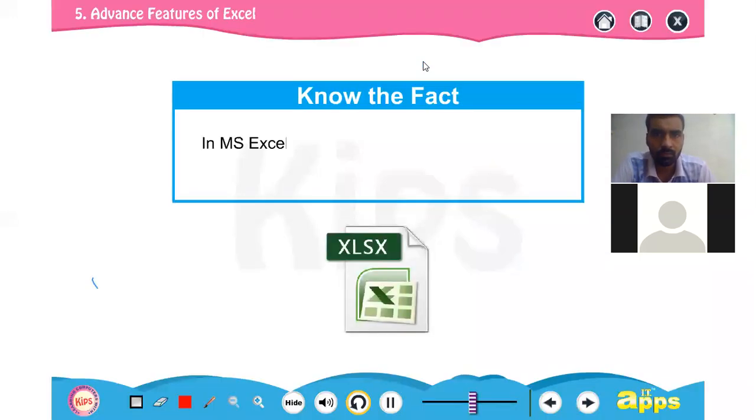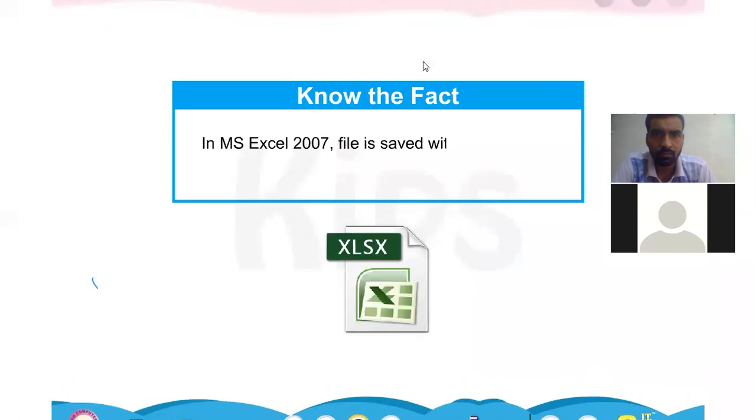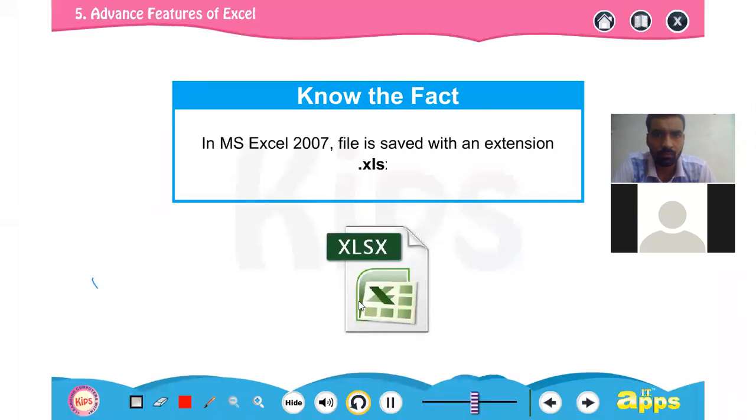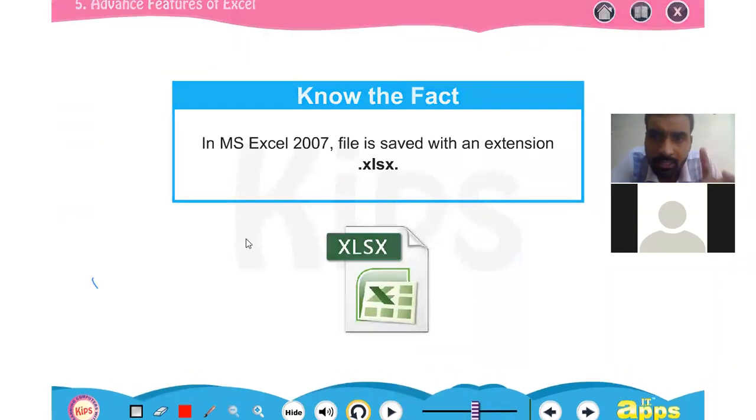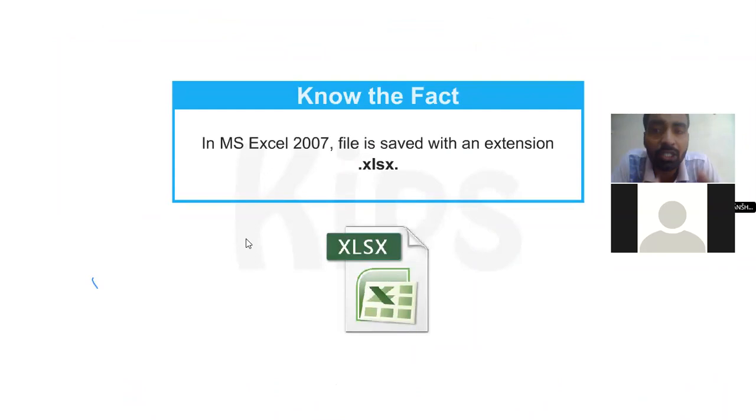Students, have you noticed the fact that in MS Excel 2007, file is saved with the extension .xlsx? Okay students. So let us now see how to insert picture in our Excel file.